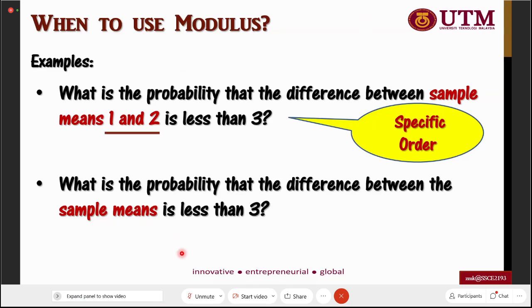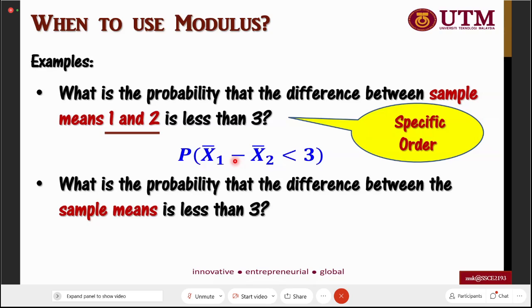Or if I say between sample 2 and 1, then you have x bar 2 minus x bar 1. So for the first one, it means: what is the probability that x bar 1 minus x bar 2 is less than 3? This is an alternative way of writing the question.